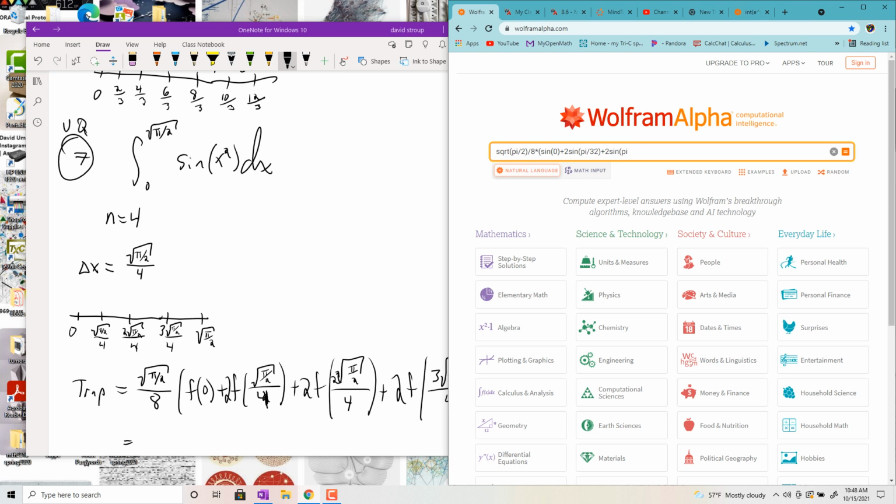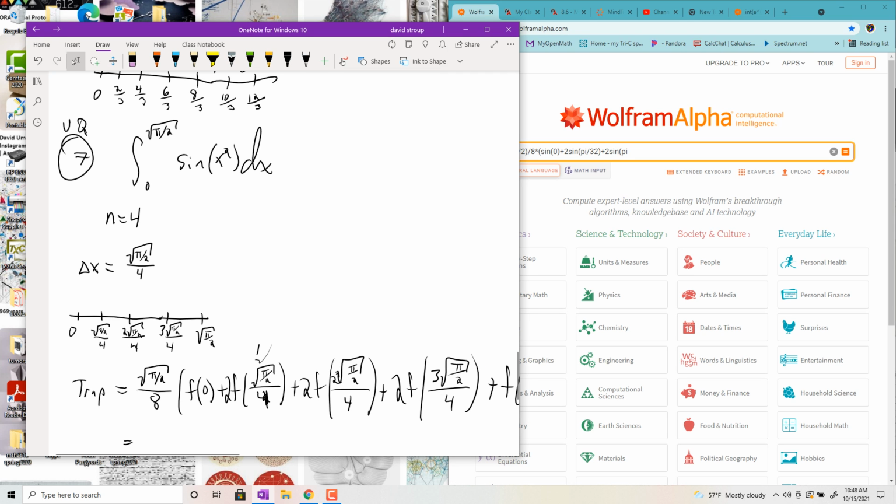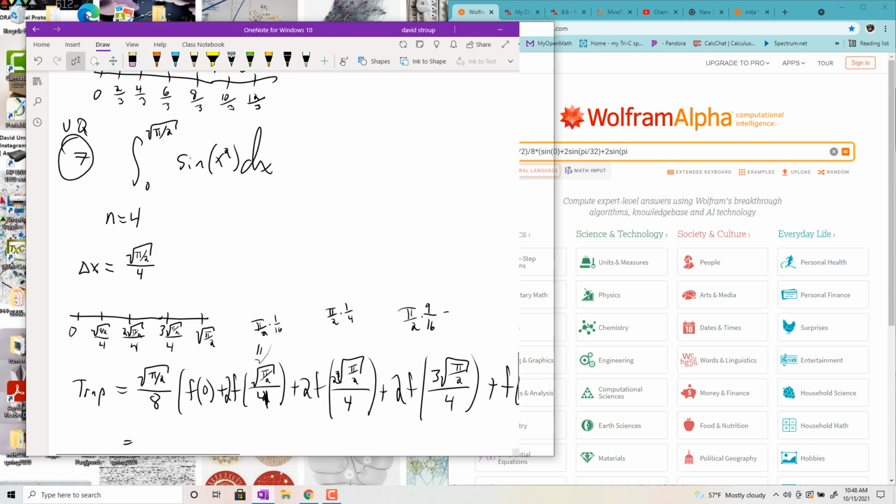I just do not feel like thinking. So the first one, when I square it, is going to be pi over 2 times 1 over 16. This one is going to be pi over 2 times 1 over 4. This one will be pi over 2 times 9 over 16. And the last one will just be pi over 2.